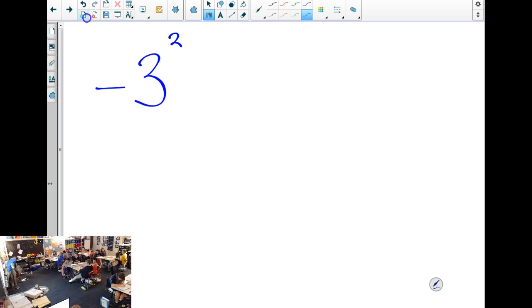It's down here next to the 7. Your calculator is a liar. If he had pants on, they'd be on fire. This is going to give you a wrong answer in your calculator if you don't type it in correctly. I don't like it. Riley, what did it give you? Negative 9.